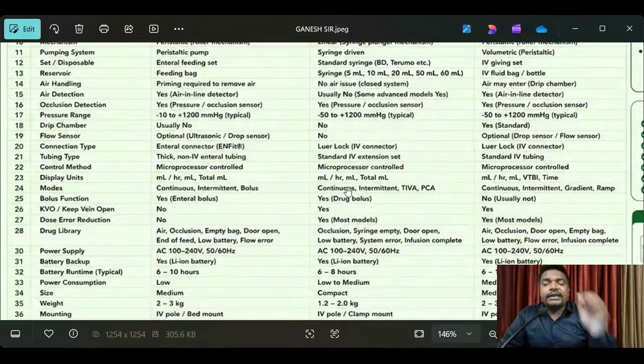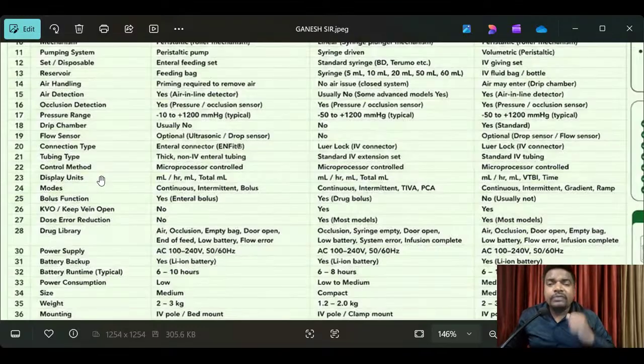That's why the microcontroller is also completely manufactured from electronic components and program languages. So the microprocessor controller is the main basic part of the feeding pump, syringe pump, and infusion pump.